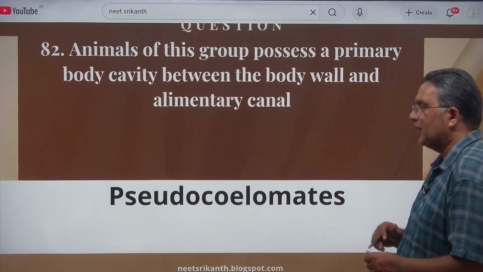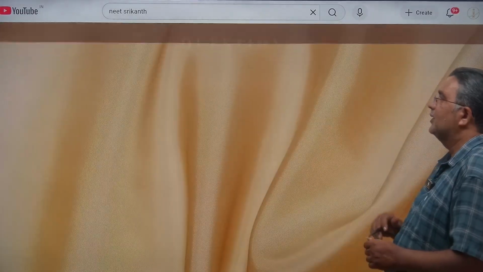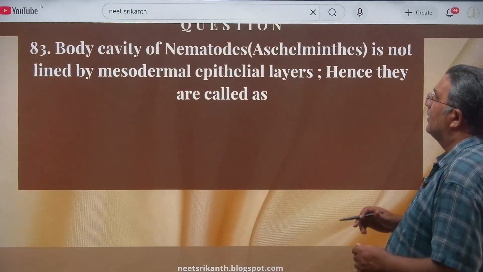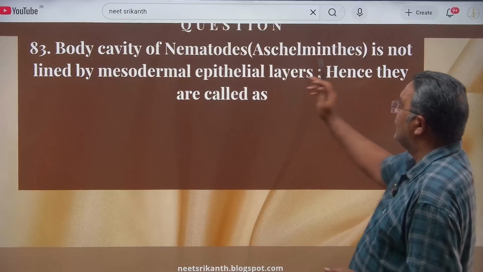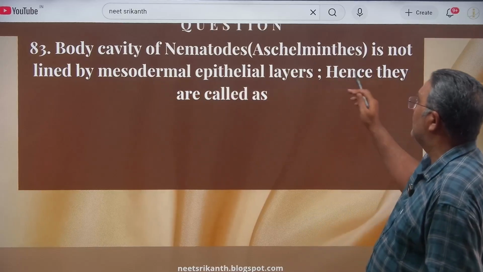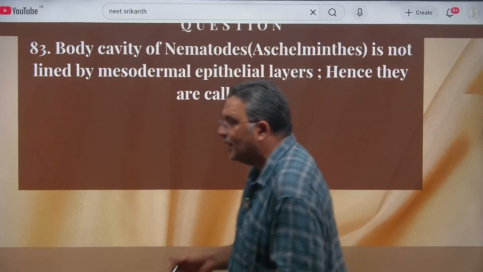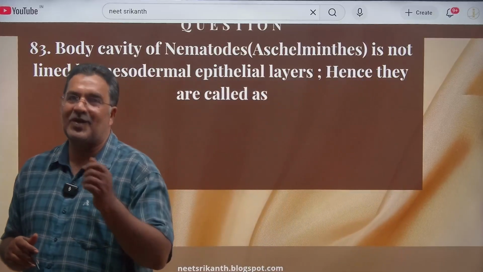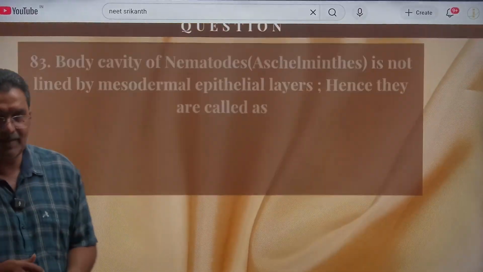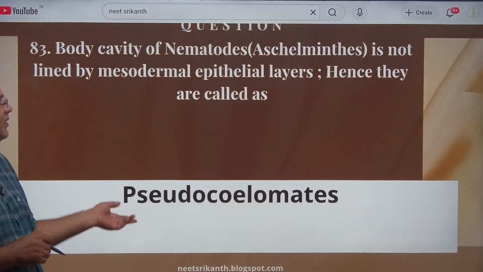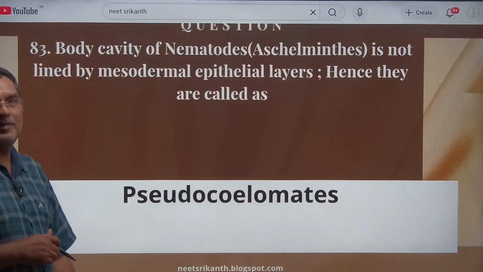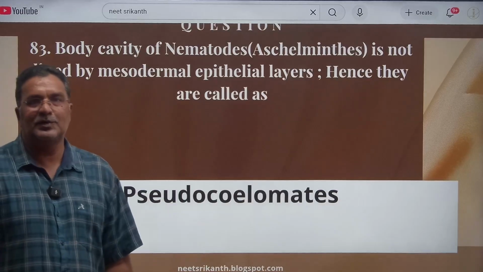They are saying only primary body cavity, that will be pseudocoelom. The body cavity of nematodes is not lined by mesodermal epithelial layer, hence they are called primary body cavity. The reason is that it is not lined by mesoderm, we call it pseudocoelom.